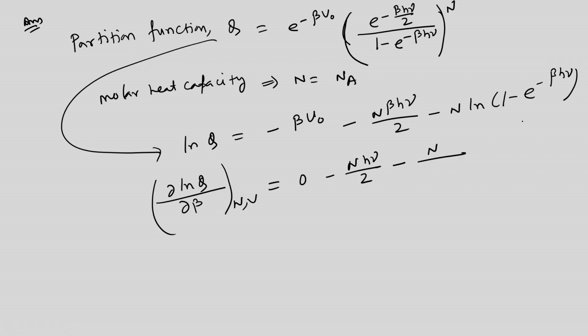So, if we differentiate this with respect to beta, we get del ln q by del beta, which is nothing but minus of E average.